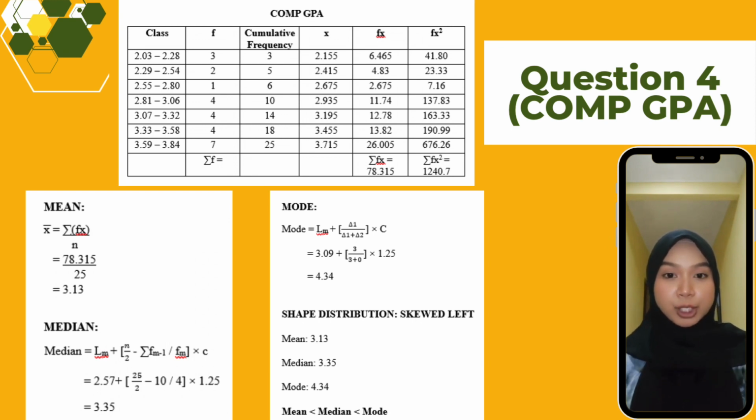The shape of the distribution is skewed left because the mean 3.13 is less than the median, where the median is 3.35, and the median is less than the mode, which is 4.34. That's all from me. Thank you.